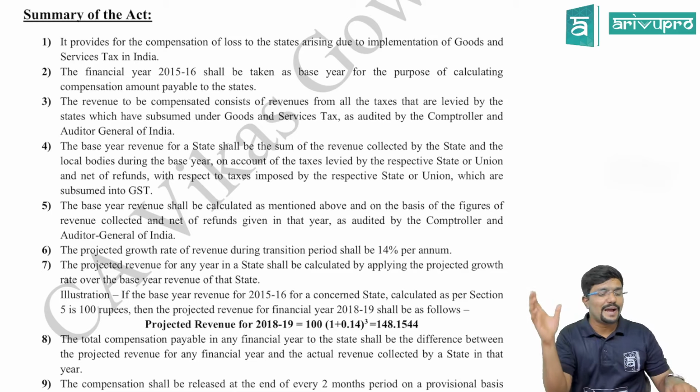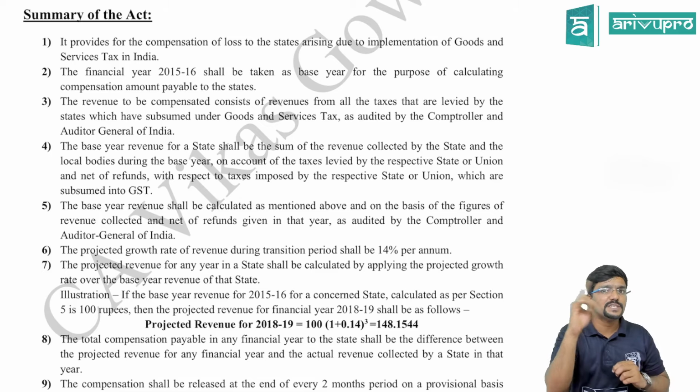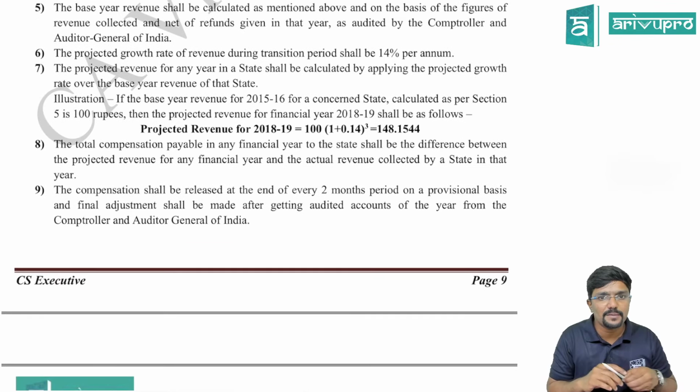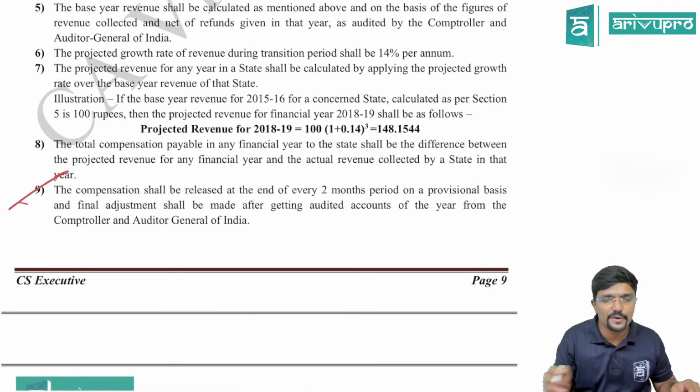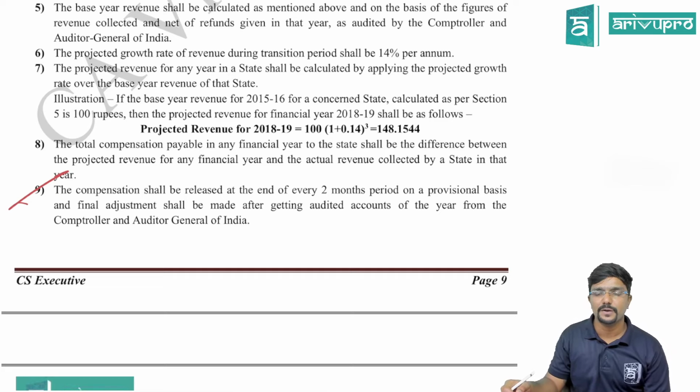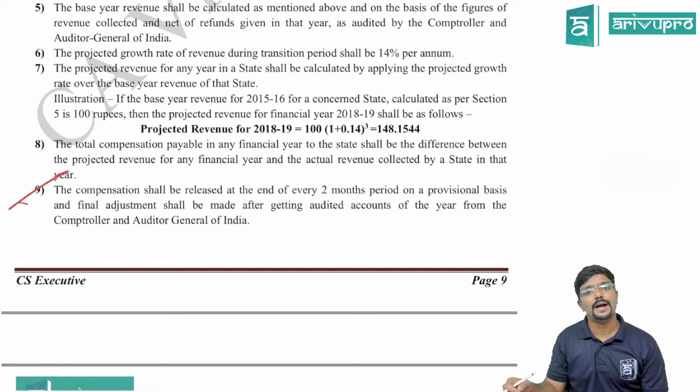So overview of few acts we have covered, which includes GST Compensation to States Act. There under that we have given the summary of act. So you can see the 9th point there. The compensation shall be released at the end of every 2 months period on a provisional basis, and final adjustment shall be made after getting audited accounts of the year from the Comptroller and Auditor General of India.